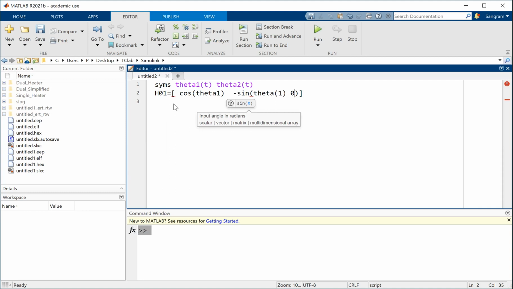Then a semicolon, sine theta 1. Yeah, I need to add one more term, right? So okay, A2 times cosine theta 1.